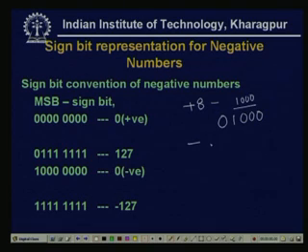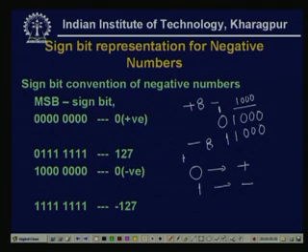If it is minus 8, in this MSB I take a 1 and the remaining are the same. So, the MSB is represented as a sign bit: 0 for plus, 1 for minus. So, normally this is the convention for the sign bit for negative numbers.